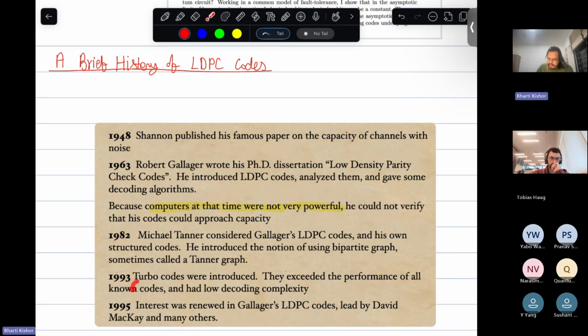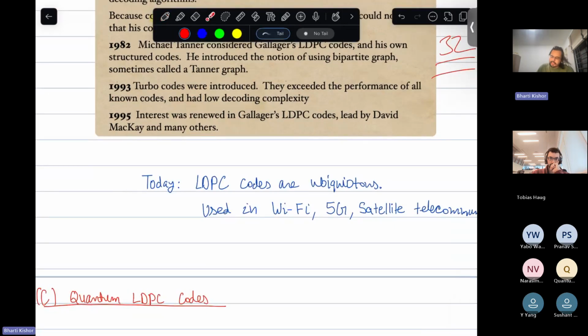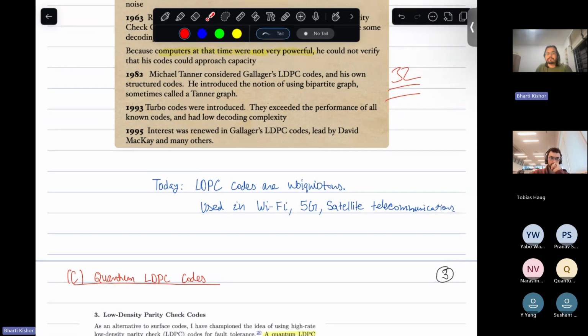By 1993 to 1995, people started getting interested in Gallager's LDPC codes, and many people like David MacKay and others started working on them and popularized LDPC codes. So it takes 32 years from the birth of LDPC codes to them getting popular, to the point that today they are ubiquitous, used in Wi-Fi, 5G, satellite communication, and so on.